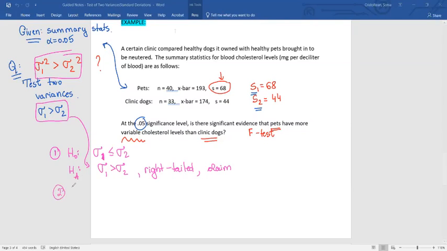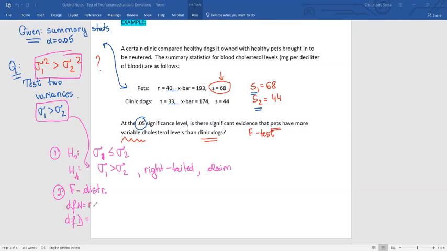Step 2, we know we are using an F distribution because we are testing variances and or standard deviations. This distribution comes with 2 degrees of freedom, n1 minus 1 and n2 minus 1. We can write that down, degrees of freedom of the numerator and degrees of freedom of the denominator, just to be correct.